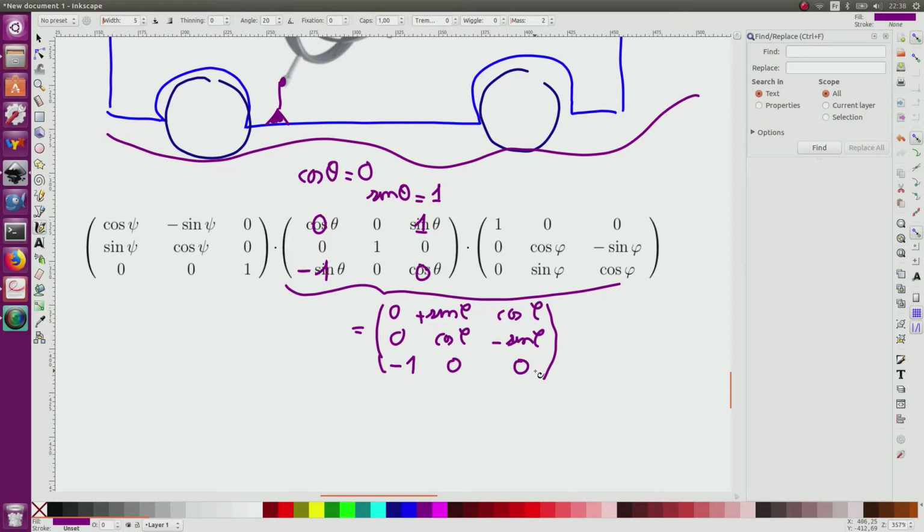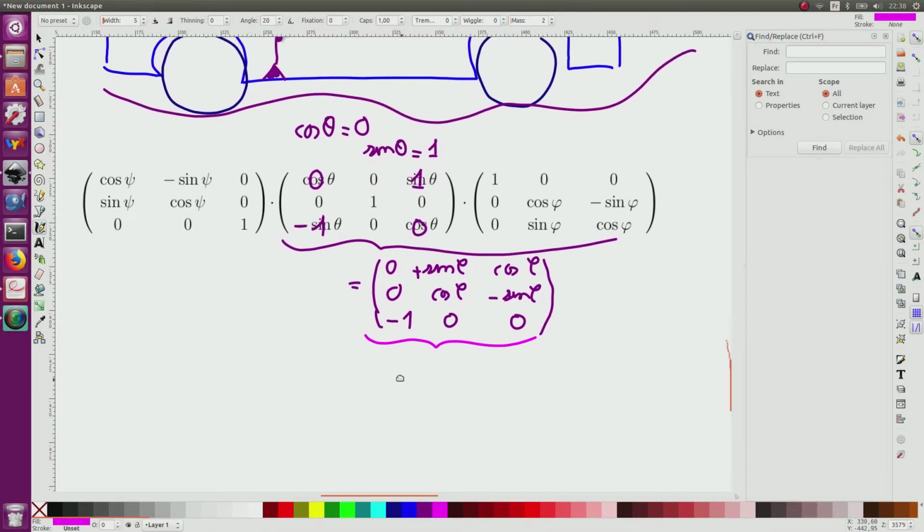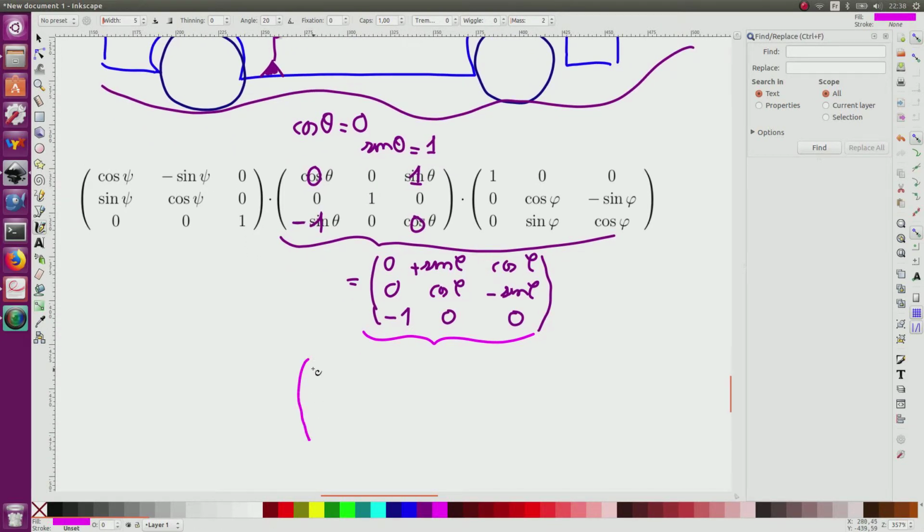Okay. Now I take this one, and I can rewrite it in this way: cos phi, sine phi, 0, 0, -1, minus sine phi, cos phi, 0, 0 multiplied by minus 1, 1, 1, 0 here, and 0 here.